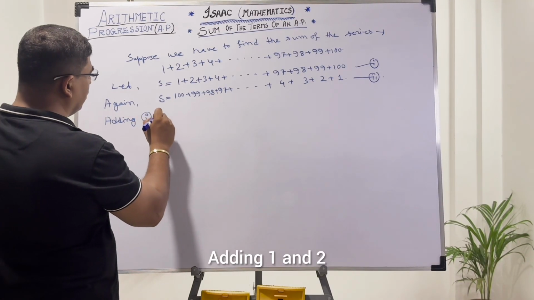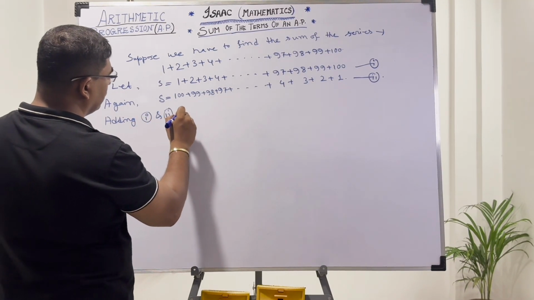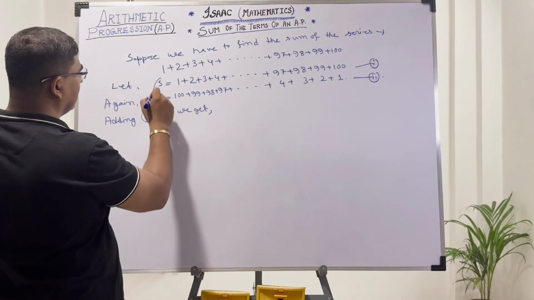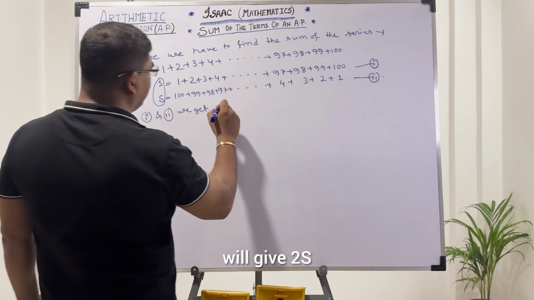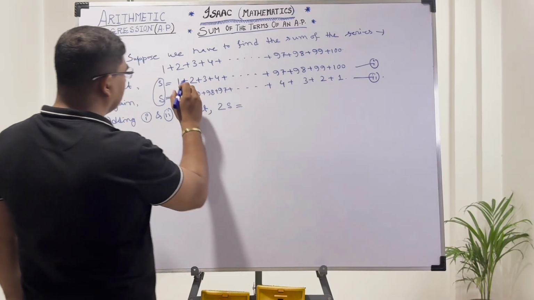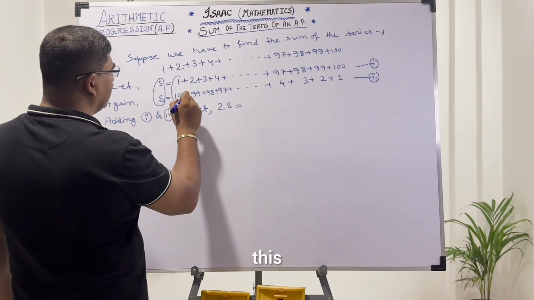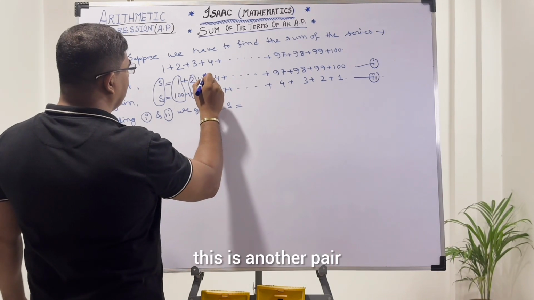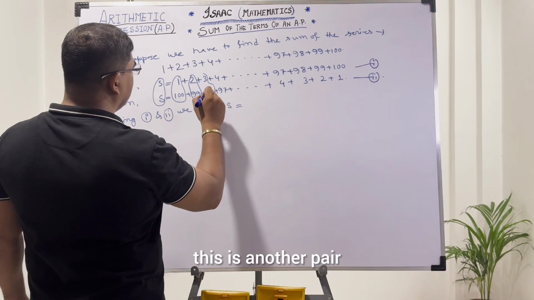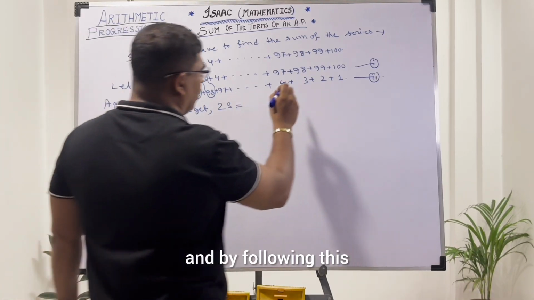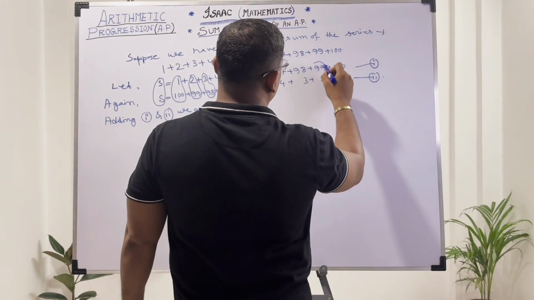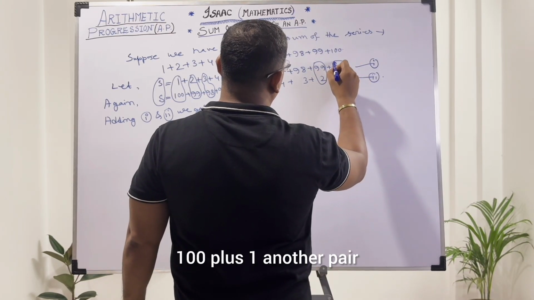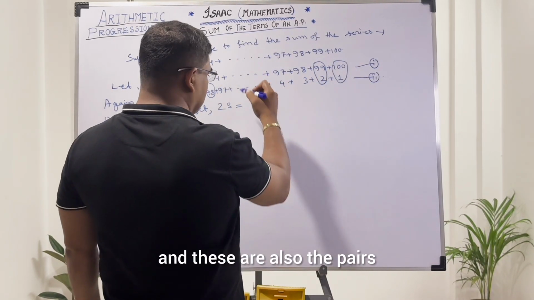Adding 1 and 2, we get S plus S will give 2S. This is a pair, this is another pair, this is another pair, and by following this we will get 99 plus 2 another pair, 100 plus 1 another pair, and these are also pairs.